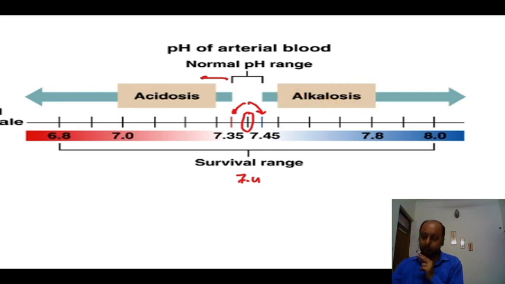Body can tolerate some amount of derangement, but beyond 6.8, death. Beyond 8, death. All right, so these are the ranges and the values you have to keep in mind. The normal range is 7.35 to 7.45. Decrease from 7.35 will be acidosis. Increase from 7.45 will be alkalosis. If the value crosses 8, death will occur. If the value goes below 6.8, again death will occur.